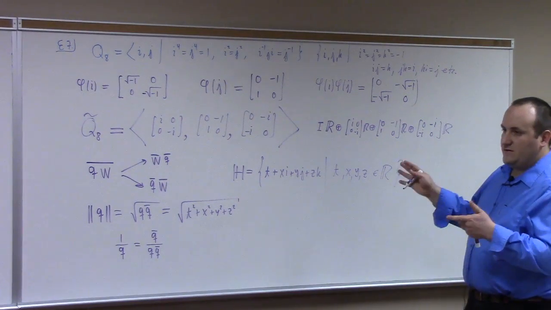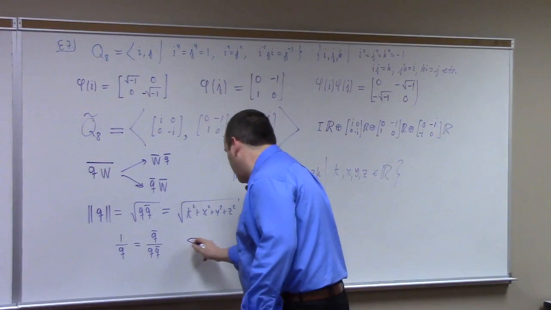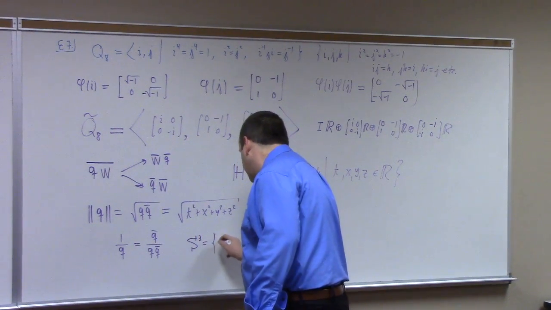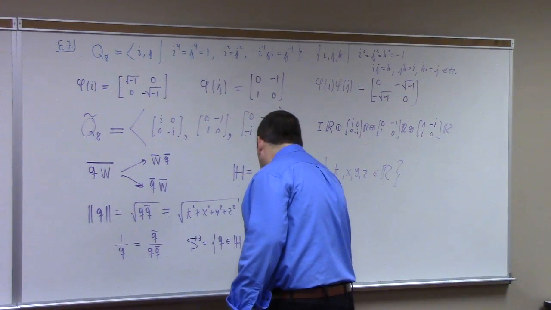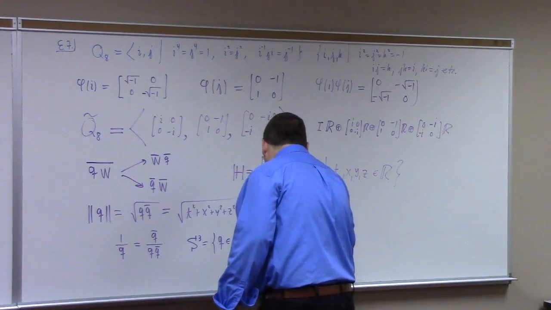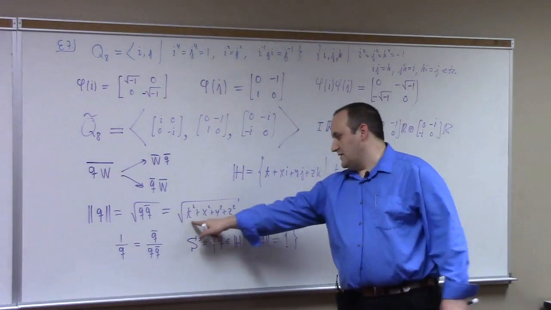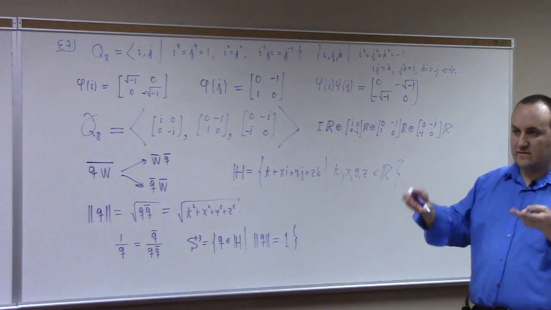Anyway, what I'm trying to tell you is, by the way, this is what's often called S3: Q in H such that the length of Q equals 1. The reason I say S3 is that if you take this equal to 1, what you're looking at is the hypersphere in 4 dimensions.